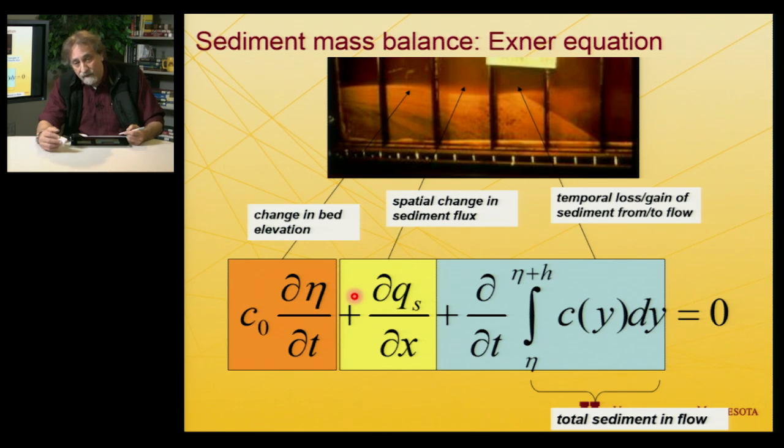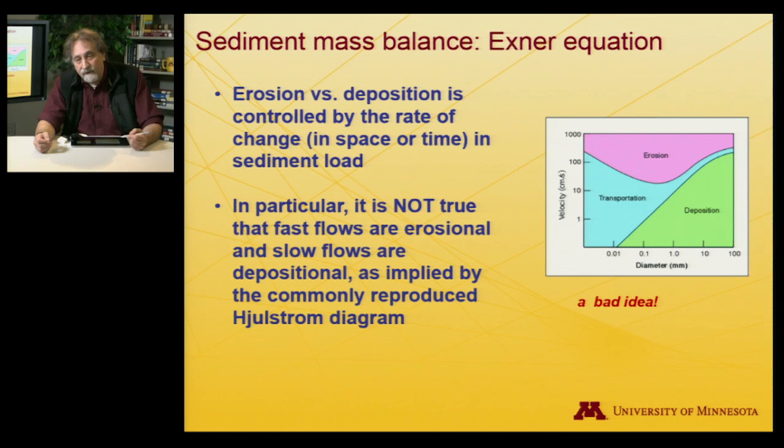That is, the flow rate of sediment, qs, as we go downstream is falling, and vice versa if the system is eroding. But neither of those has any direct connection to how fast the flow is moving in general. So a fast-moving flow can be depositional if it's losing sediment as it goes downstream, and a slow-moving flow can be erosional if it's picking up sediment as it moves downstream.